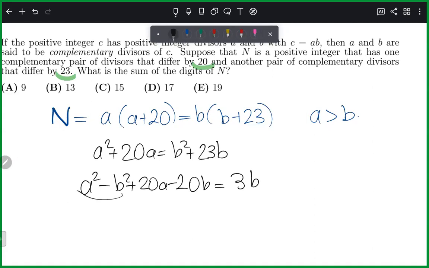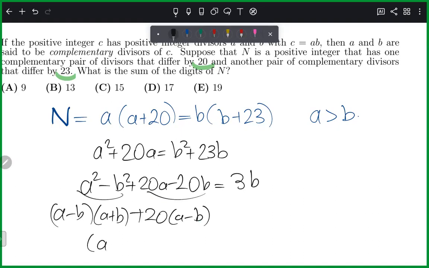From difference of squares, this is a minus b times a plus b, and this term is 20 times a minus b. If we pull out a minus b, we can write the left-hand side as a minus b times a plus b plus 20, equals 3b.